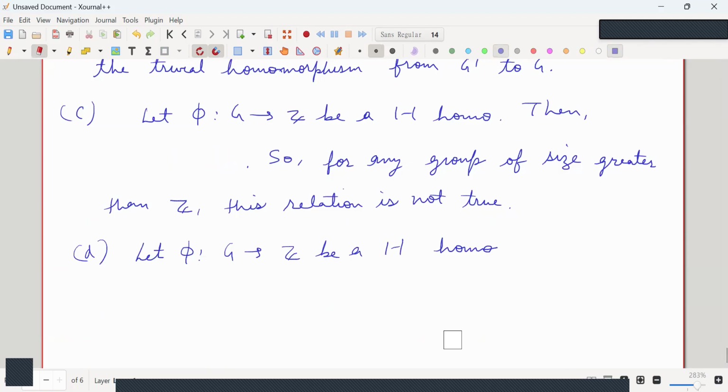We should be writing this in terms of cardinalities. Cardinality of G is less than or equal to cardinality of Z. For a finite set, cardinality is just the number, the size. But for an infinite set, the size doesn't really matter here. It's the cardinality which matters, right?